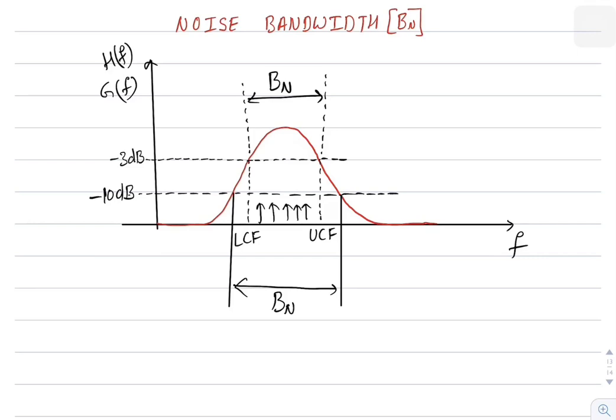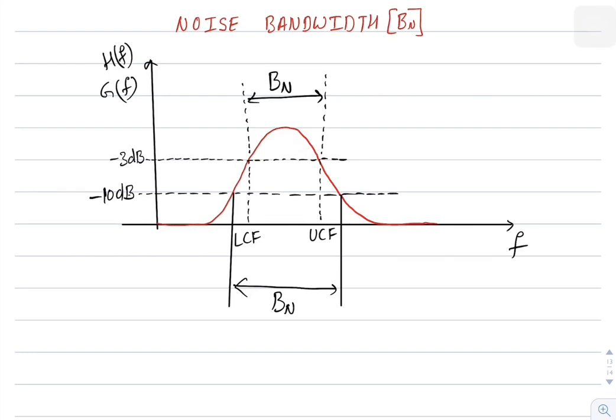For the gain of an amplifier or a filter, generally we consider the minus 3 dB point. But the noise bandwidth is defined depending upon the system you are going to design. If you don't want noise below minus 10 dB, then the minus 10 dB points are considered as noise bandwidth.